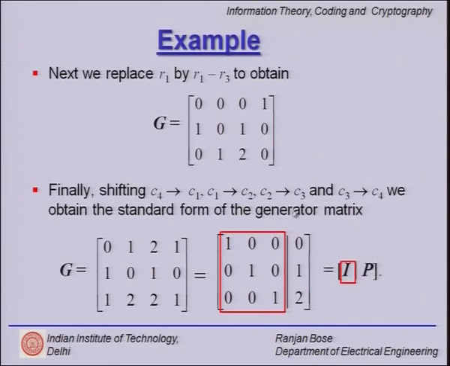So these steps tell us how we can use the basic row and column operations to convert a generator matrix into the systematic form, which is the standard form.